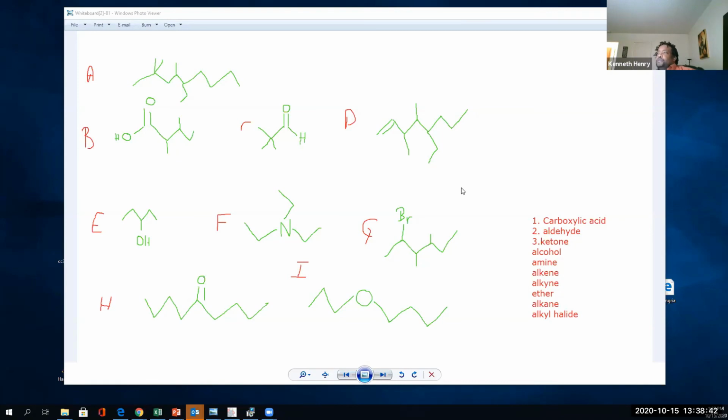Room 2 will do G, and room 3 will do H, and room 4 will do I. Actually, we'll let room 5 do I. Okay, write it on my board.